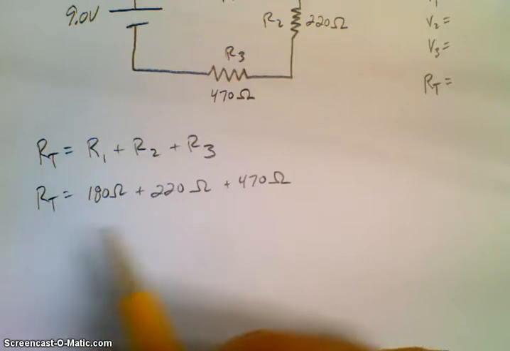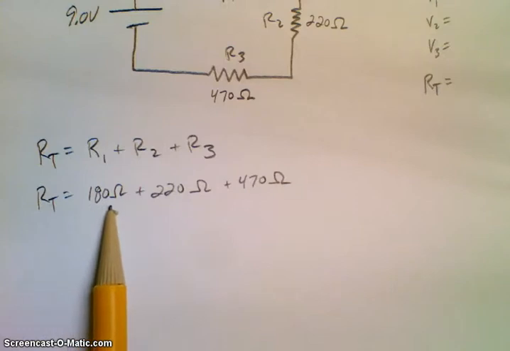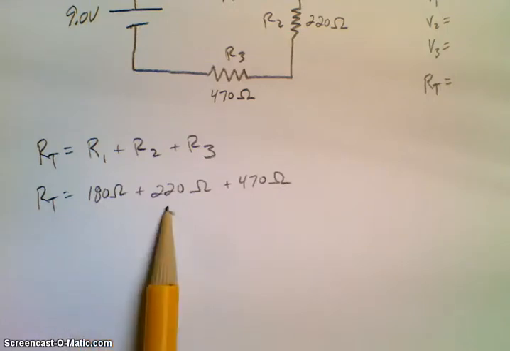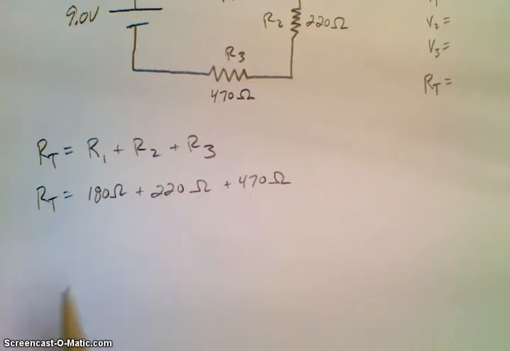So we look at place values that are significant. This 0 is not significant, so the 8 is our last digit that we have that's significant. And that 8 is in what position? It's in the tens. So then our answer is good to the tens digit when I add them.